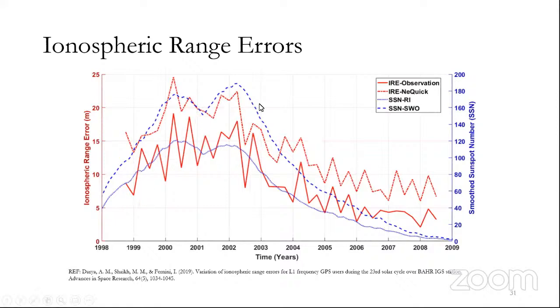The dotted line shows the ionospheric range errors estimated by an ionospheric model, similar to models that would be used by the receiver. Here we used the NECWIC model. It's important to note that a version of the NECWIC model is used by GLONASS satellites to compensate for ionospheric errors. As we can see, the errors increase as the solar cycle progresses. They can reach up to 20 meters.